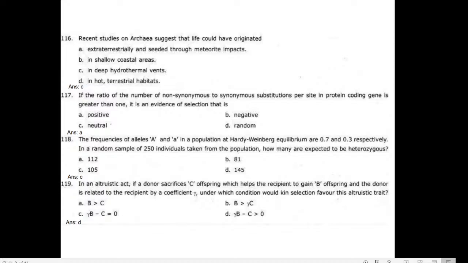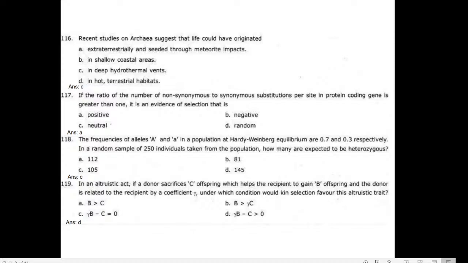The next question: the ratio of non-synonymous to synonymous substitutions per site in a protein coding gene is greater than 1. Protein coding genes are the many genes in a chromosome, in our genetic material DNA. They ask what this is evidence of, that is, evidence of selection. If the ratio of non-synonymous to synonymous substitutions is greater than 1, we can tell that it is positive selection.